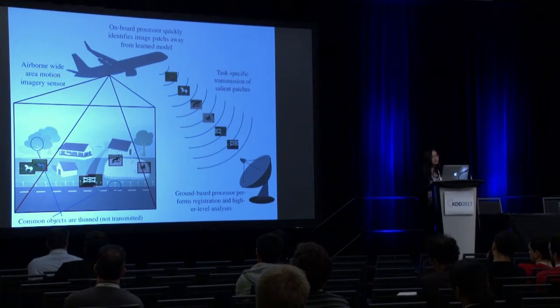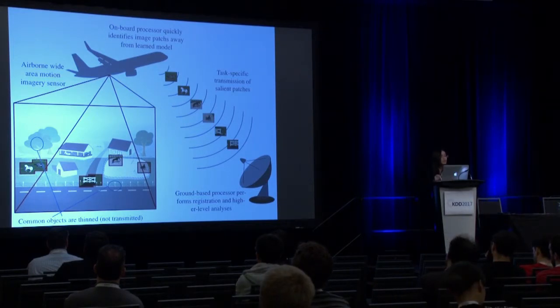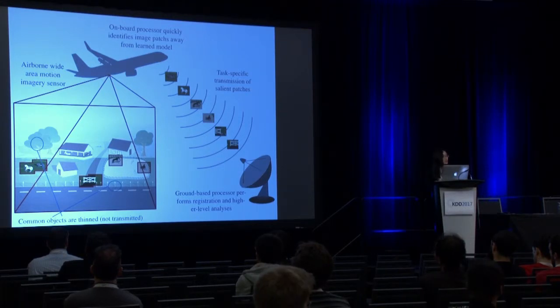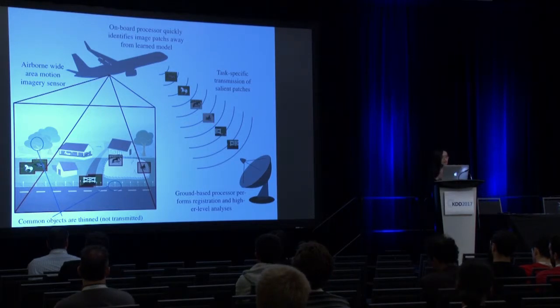What we propose is, when we take a look at the field, we implement an online saliency detection method, basically finding what looks different in the field that could be a point of interest, and transmit only those patches back.